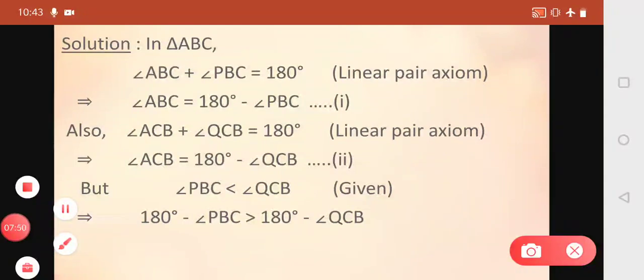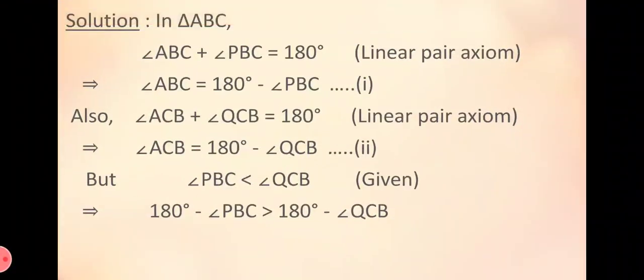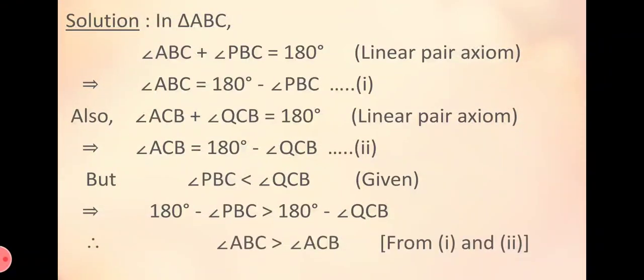But we know that 180 degrees minus angle PBC is nothing but angle ABC. Similarly, 180 degrees minus QCB is nothing but angle ACB. So we replace it further and we write it. Therefore, angle ABC is greater than angle ACB from 1 and 2.